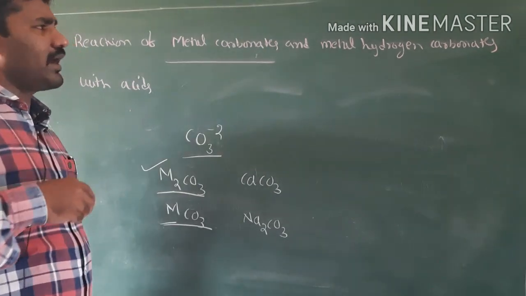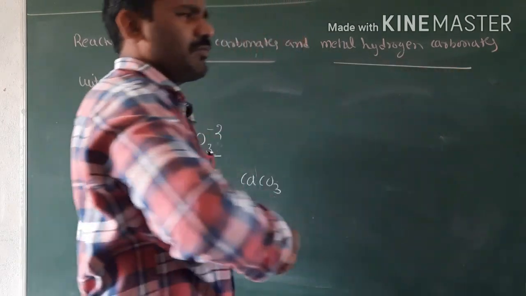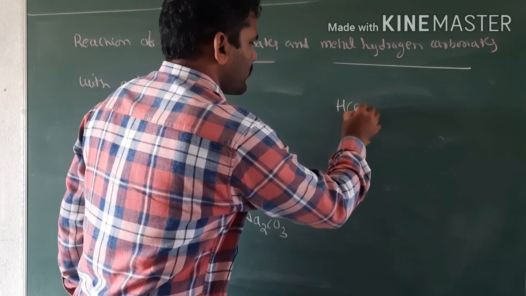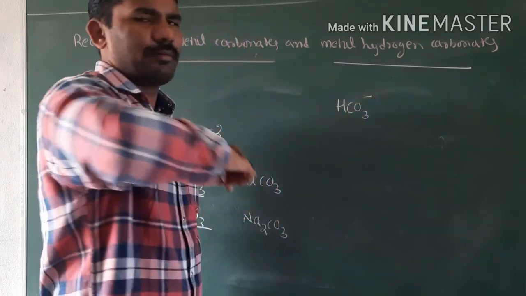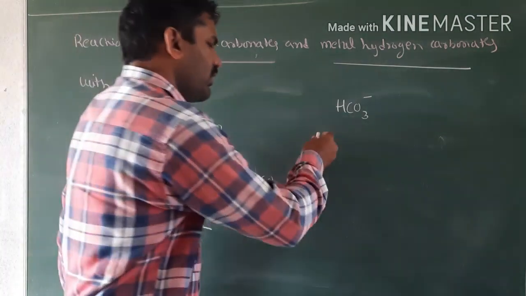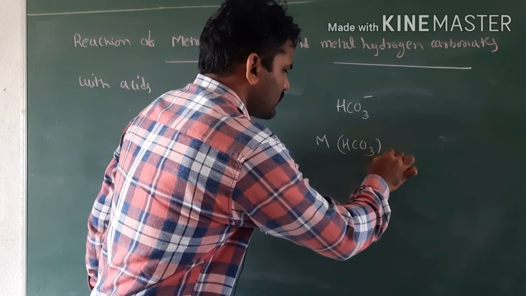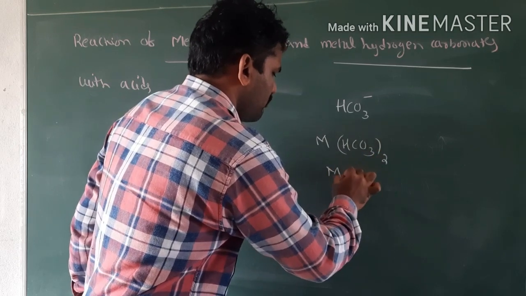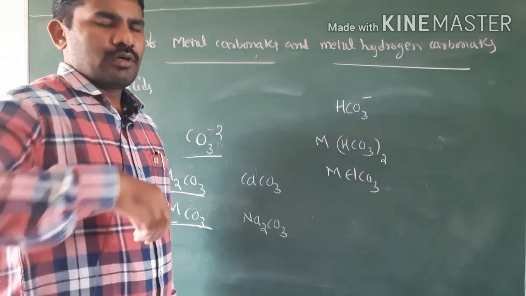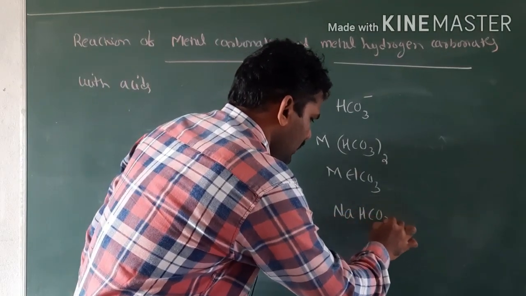What about metal hydrogen carbonates? In case of metal hydrogen carbonate, HCO3- will be the anion. The general formula we are writing as M(HCO3)2 or MHCO3. For sodium hydrogen carbonate we are writing the formula as NaHCO3.